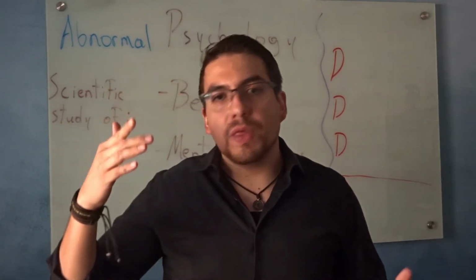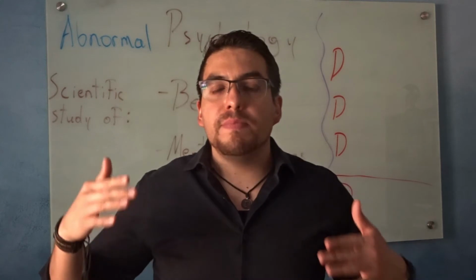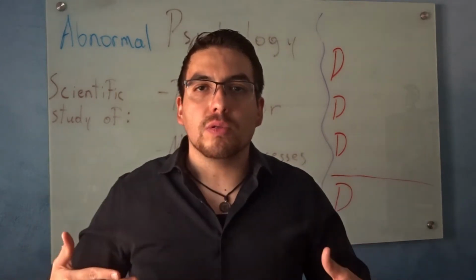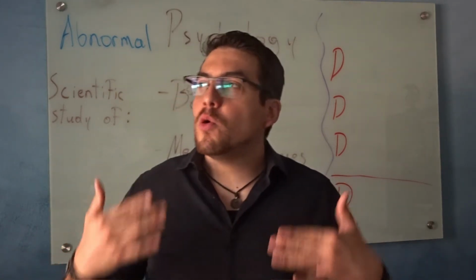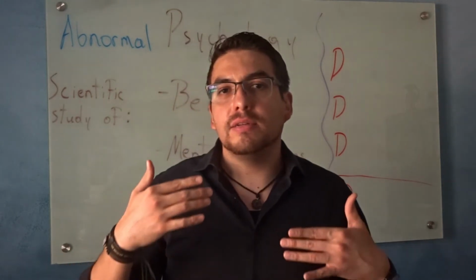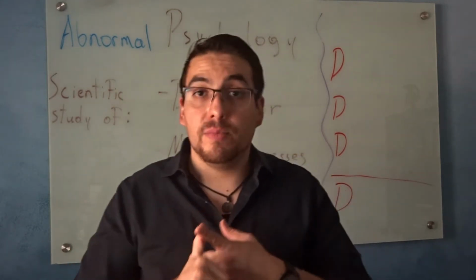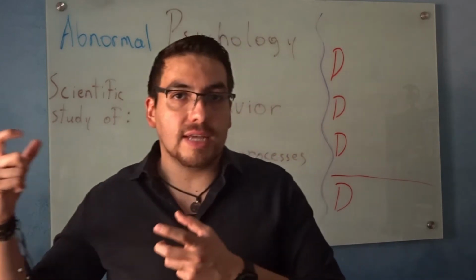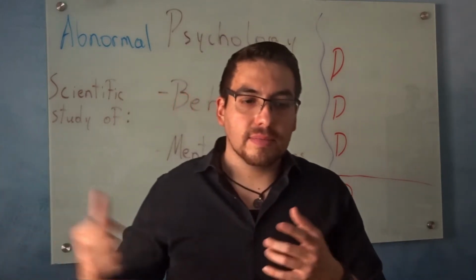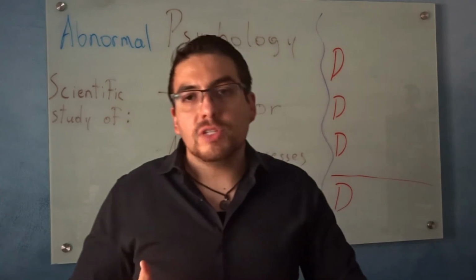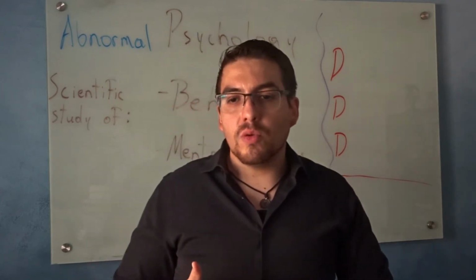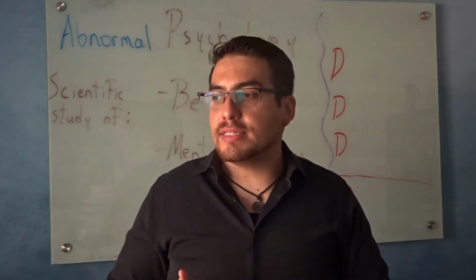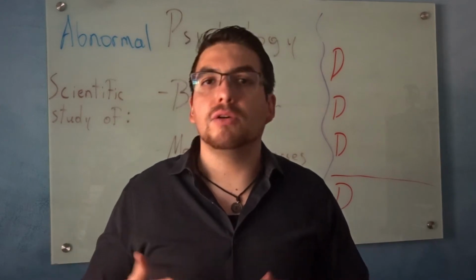So, think about it. What makes something normal? Most often, something is considered normal when a lot of people do it, based on the number of people that do it. Most likely, something is considered normal when it is considered legal.